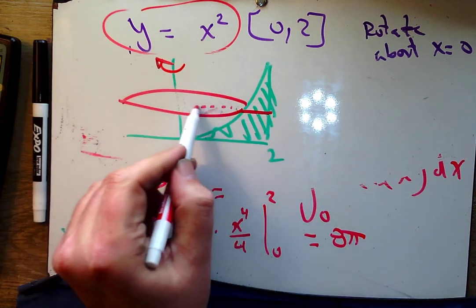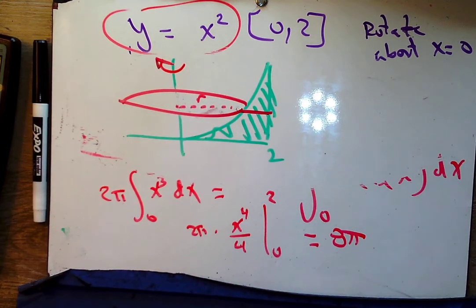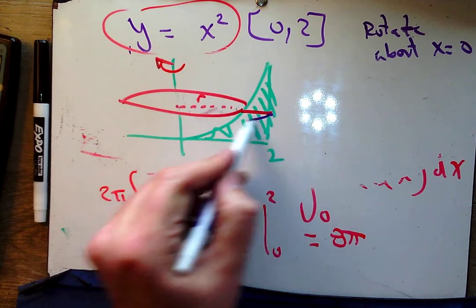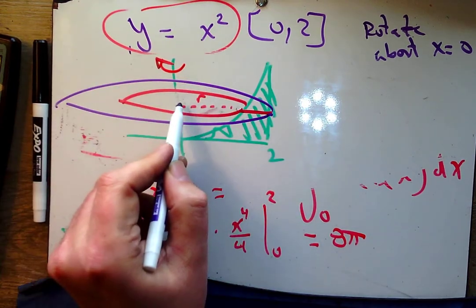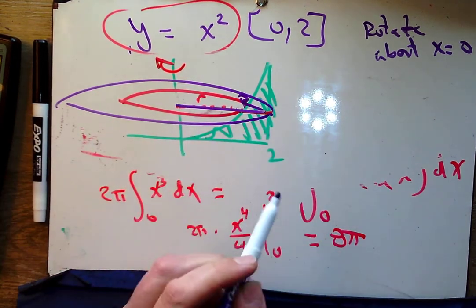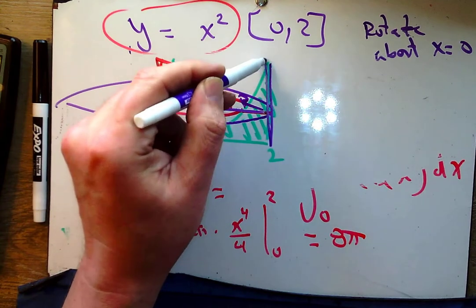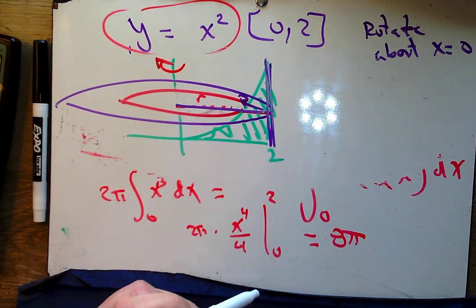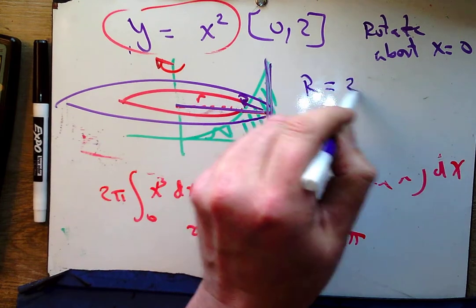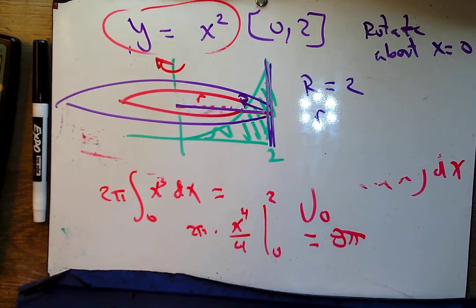That's going to be my little r. And that's going to be my big R. I notice that my big R is always on that line. Big R equals 2. Little r, a little more thoughtful.